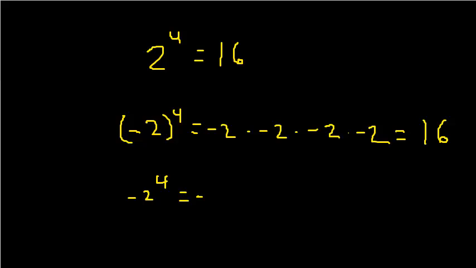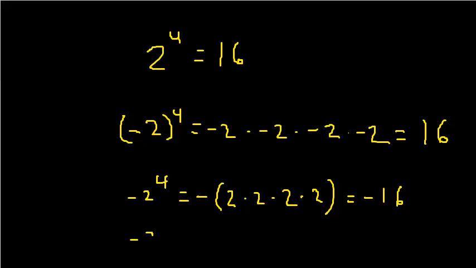So this is negative 2 times 2 times 2 times 2, or negative 16. So anytime I do not have parentheses, I'm just raising the number to the power. If I have that negative out in front, my answer will always be negative.